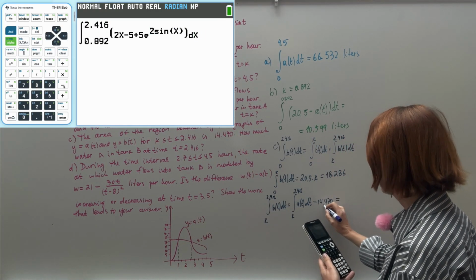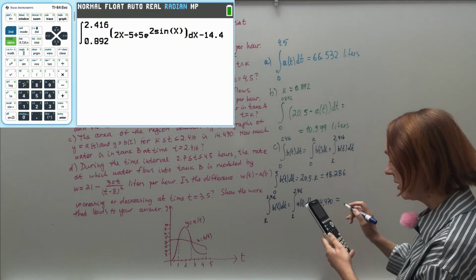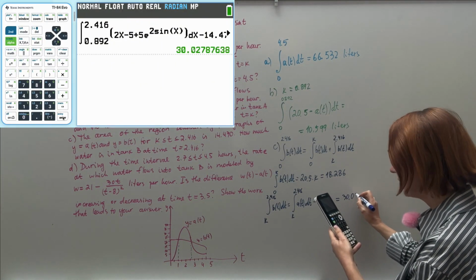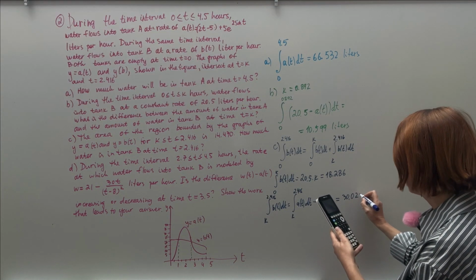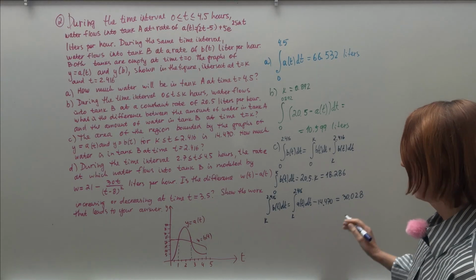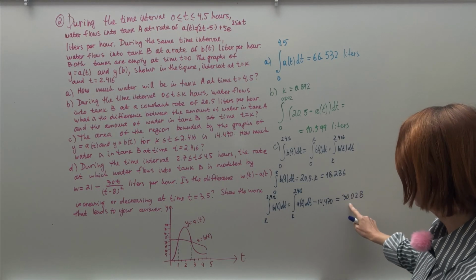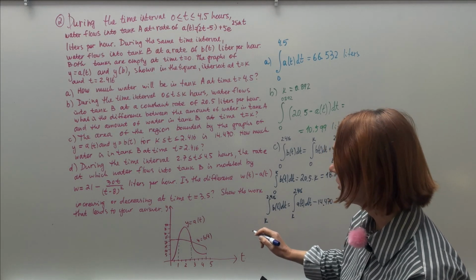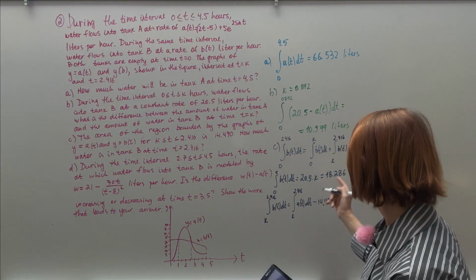Once I do it on the calculator, I'm going to get 30.028. And my final touch, I will have to add both of those.